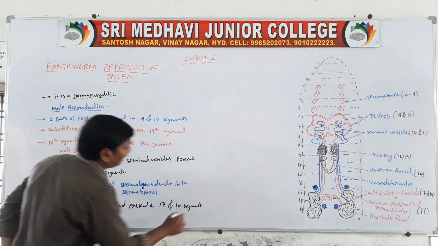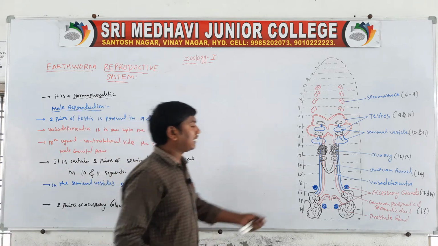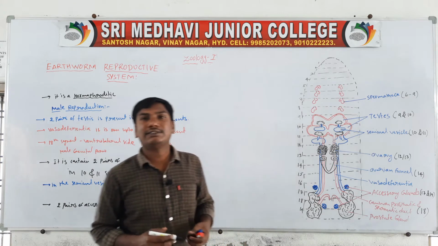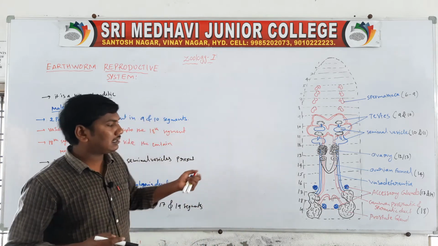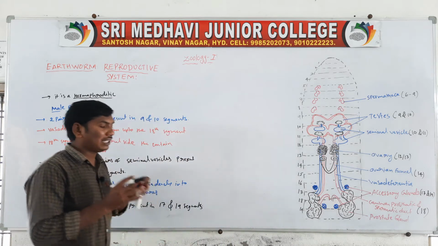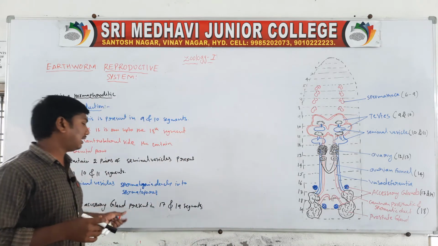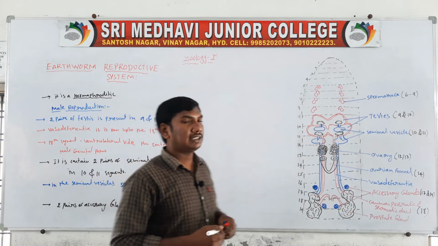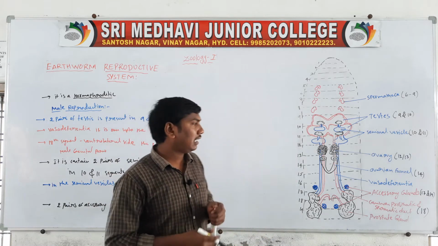The 17th segment contains a pair of accessory glands, and the 19th segment contains a pair of accessory glands.